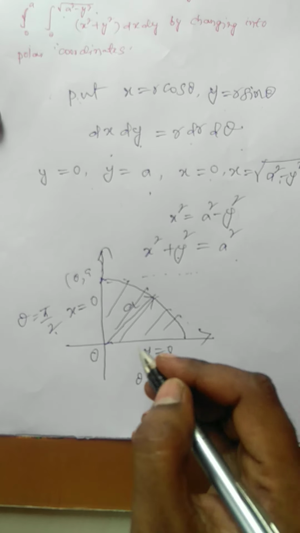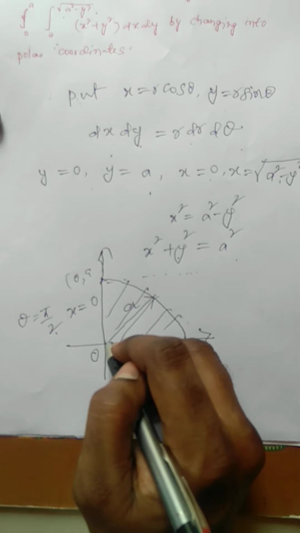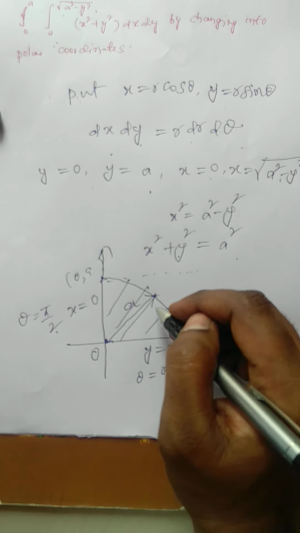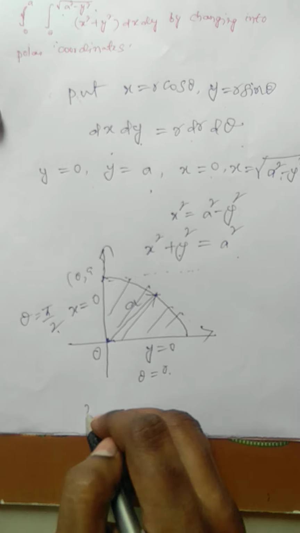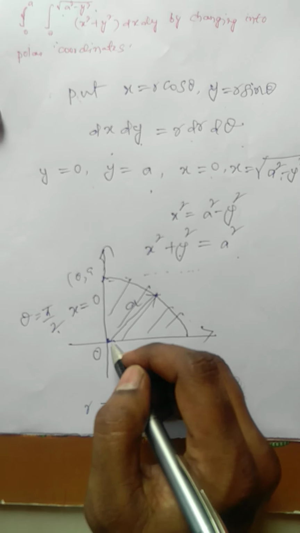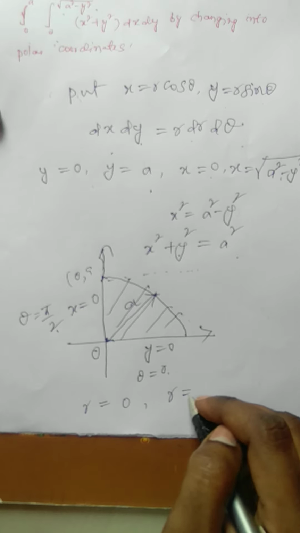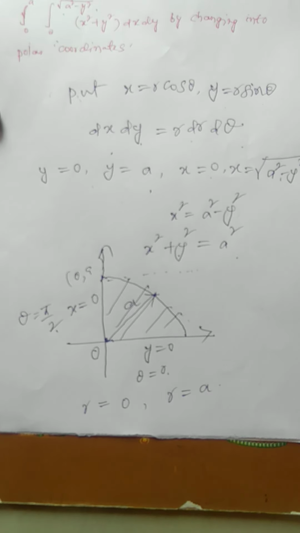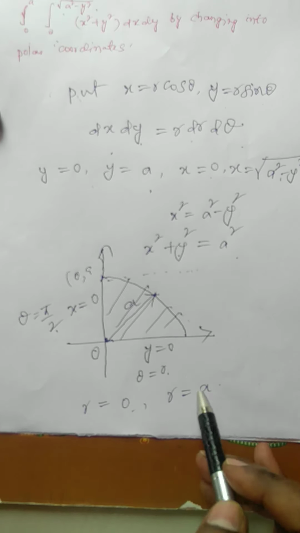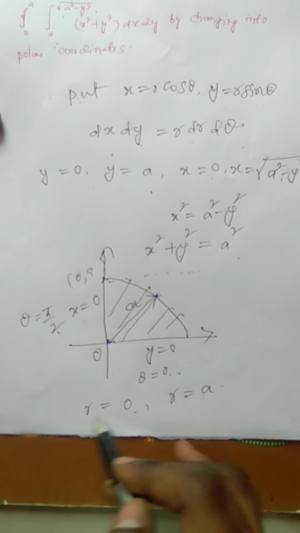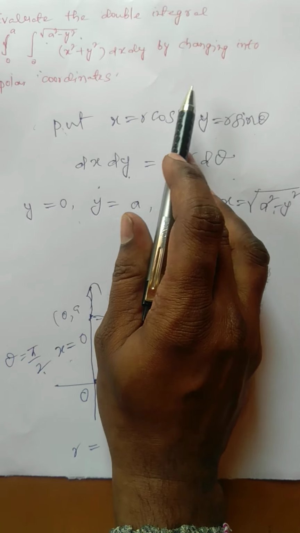And r is the distance from origin to that point. What is the maximum radius? Here a units. So r equals 0 to a. We got the new limits: r equals 0 to a and theta equals 0 to pi by 2. By using these new limits, we can evaluate the given integral.